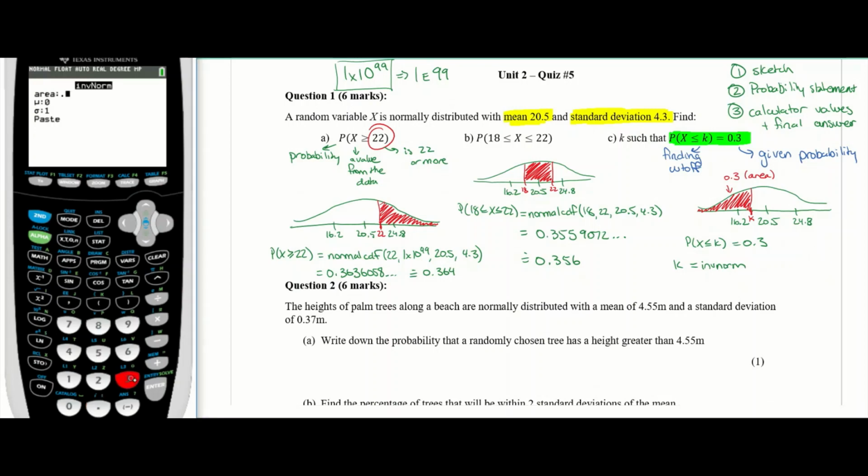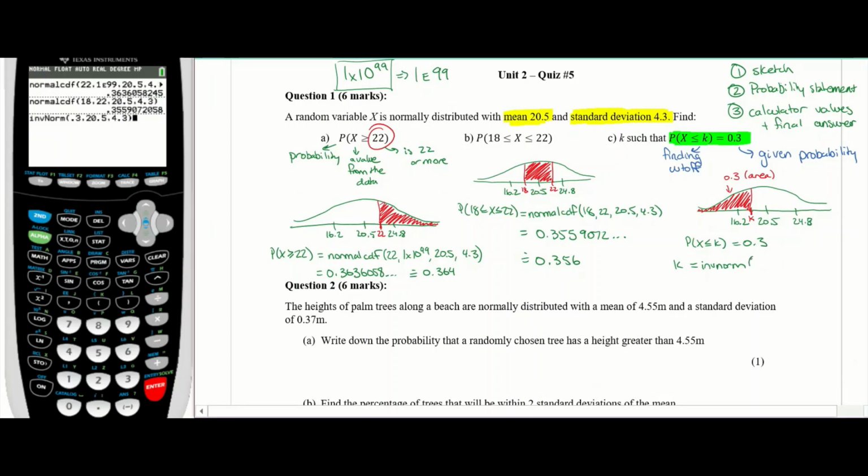So the area is the probability, and then the mean and the standard deviation are the same as what they were before. Now we get an inverse normal statement, and I'm going to write down those values as well. Again, not a bad idea to write down your unrounded answer.